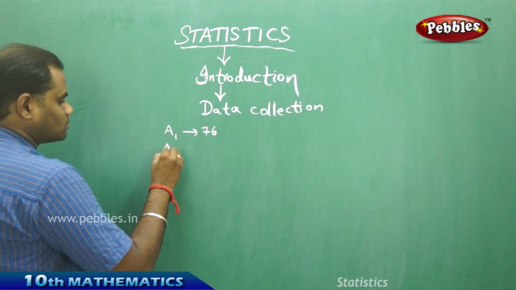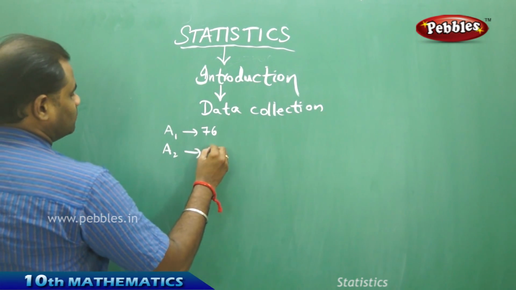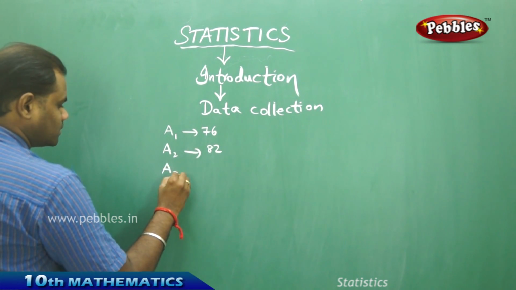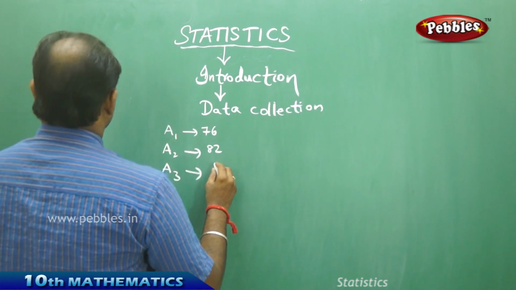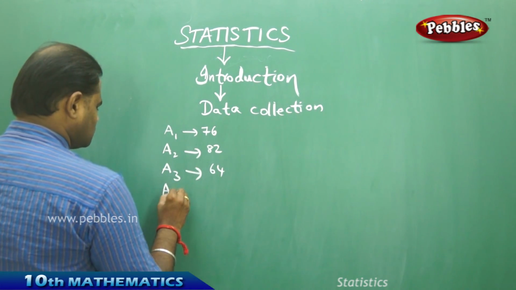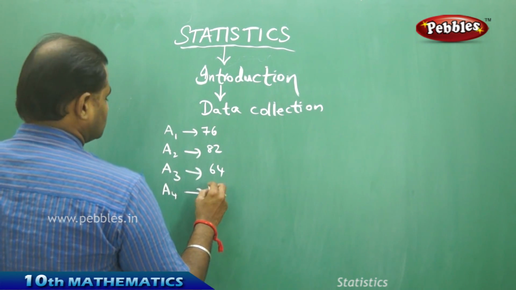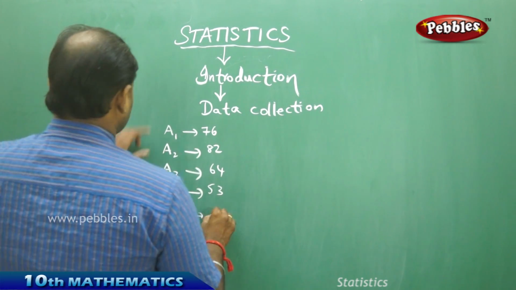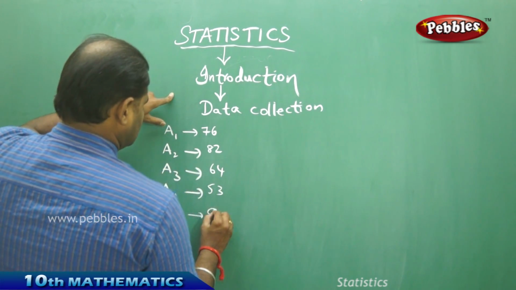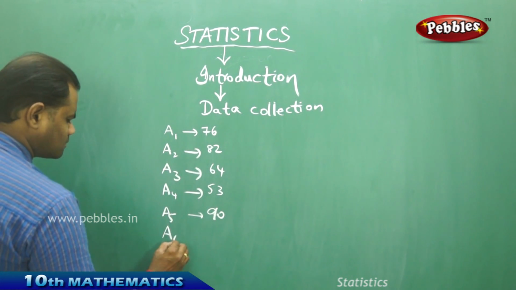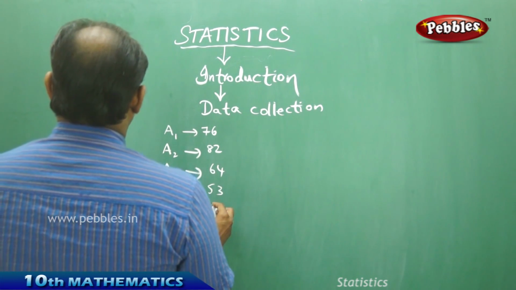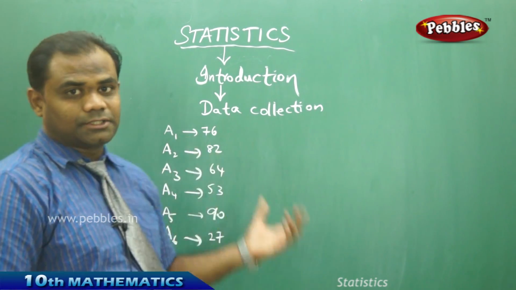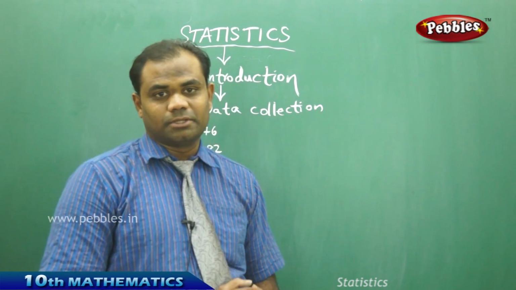Now the student A2 who got, say, 82 marks out of 100 in mathematics, and similarly the student A3 with 64 and A4 with 53 and A5 with 90 and A6 with 27 and say etc. There are different data collections through which the marks are obtained by the student.